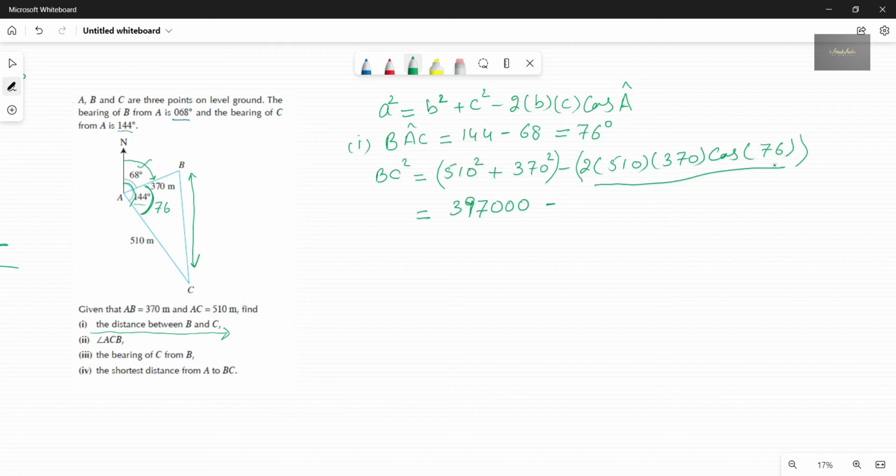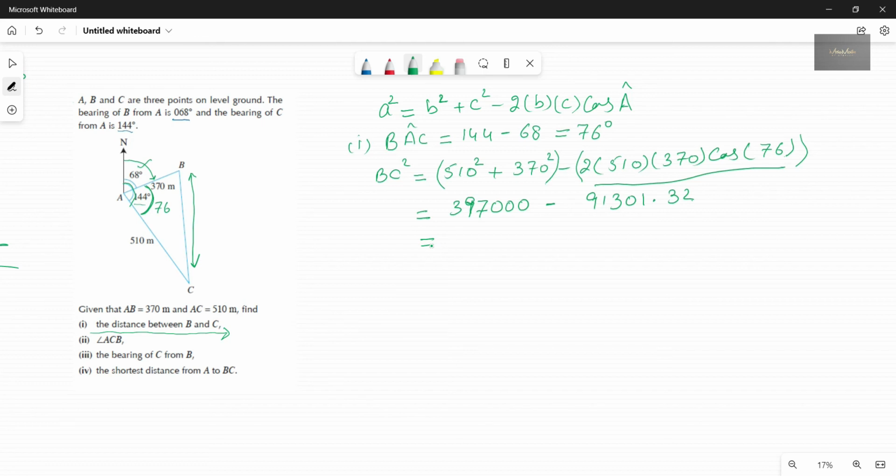You can use your calculator to verify the calculations. It's 91301.32, right? Now you will subtract both of them. It will be 396000 minus 91301.32.